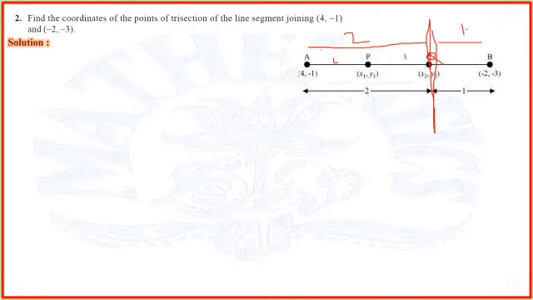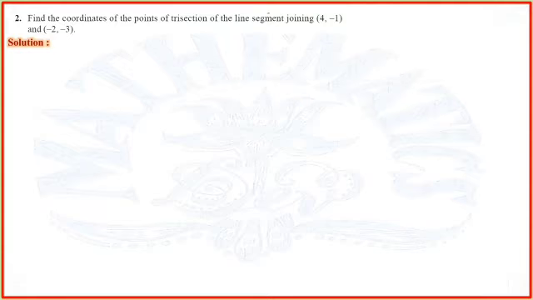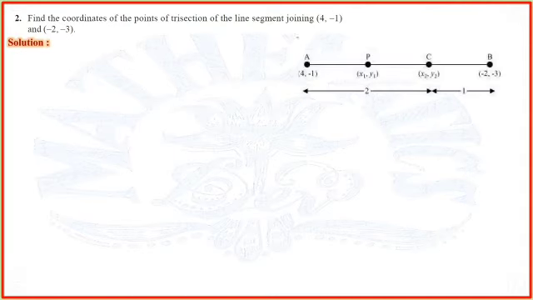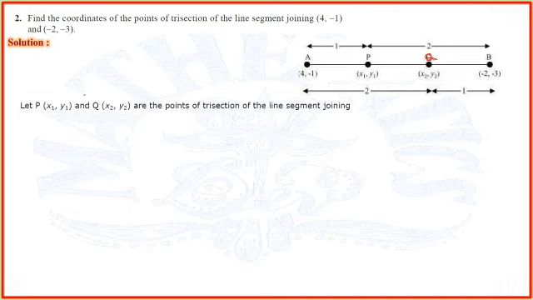So we will be using this formula in two different situations: for P we have the ratio 1 to 2, and for Q we have the ratio 2 to 1. These are the two conditions.